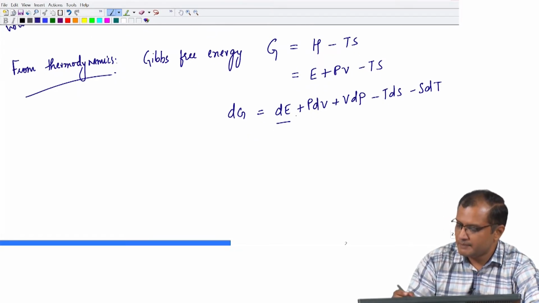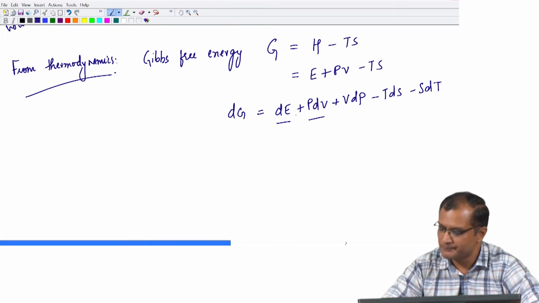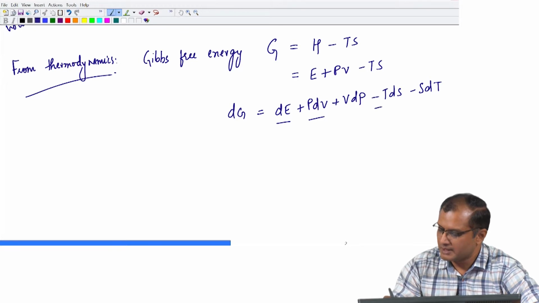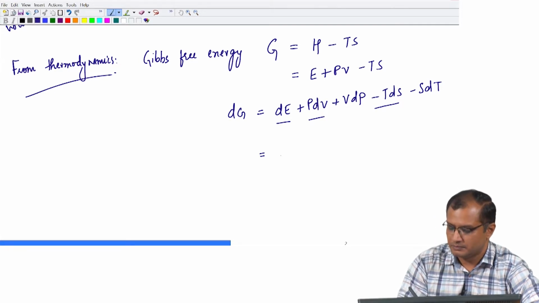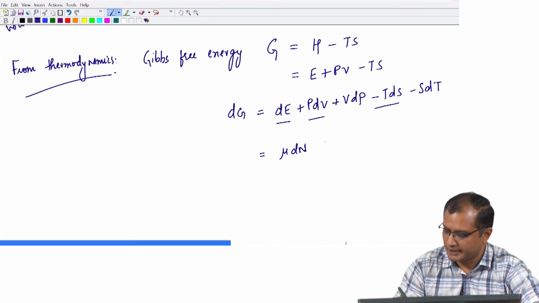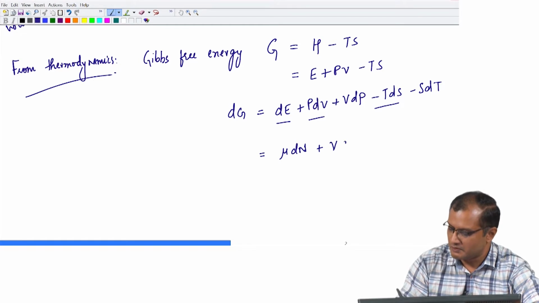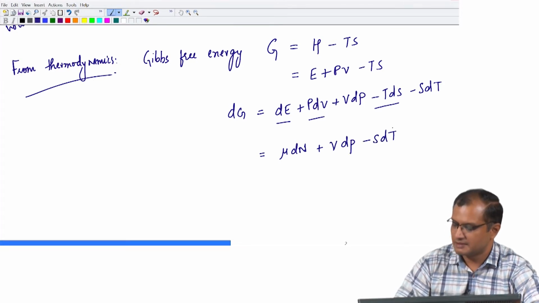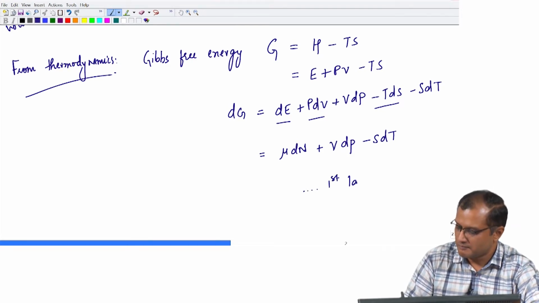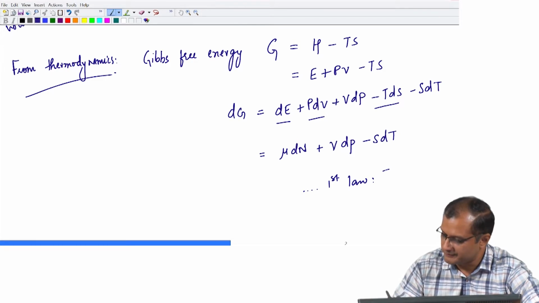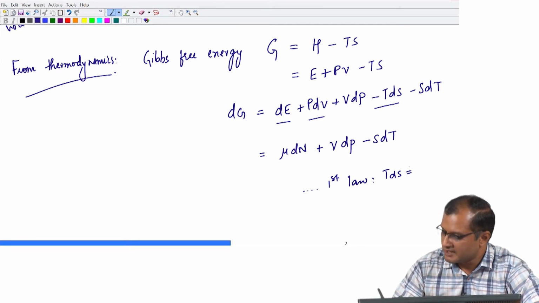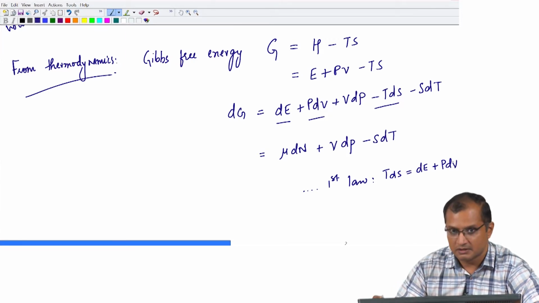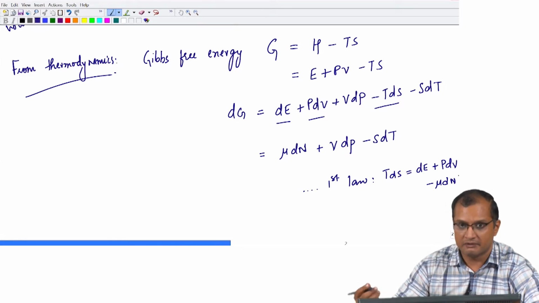I can write dE plus PdV minus TdS as simply mu dN, okay, and the remaining quantities I am going to write down as VdP minus SdT, because from the first law of thermodynamics I already know that the total heat given to the system, which is just bookkeeping or the law of conservation of energy, appears as some rise in internal energy plus some pressure volume work minus mu dN, some chemical work if you allow N to exchange.